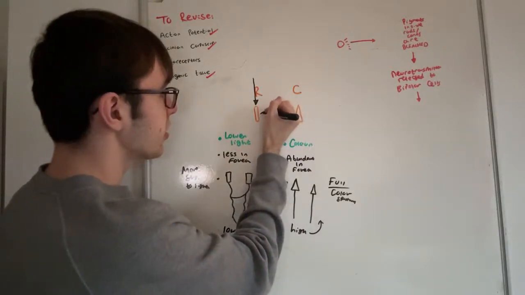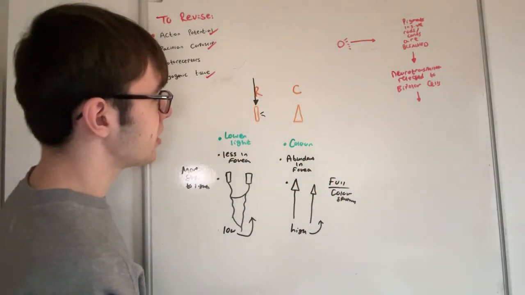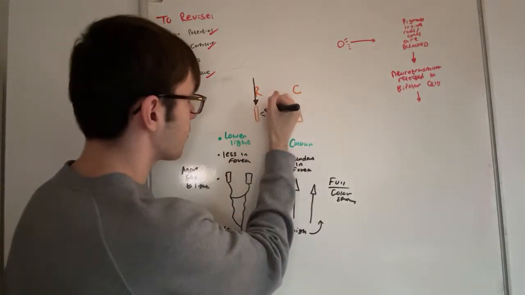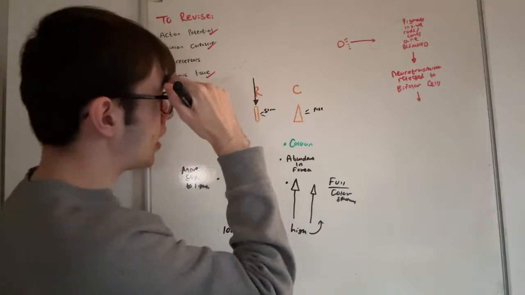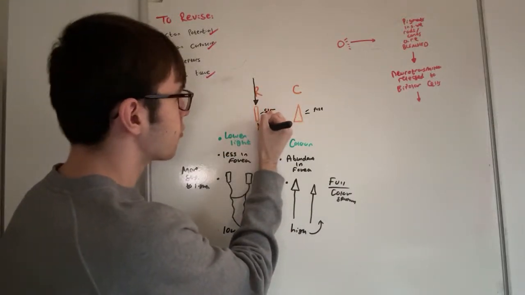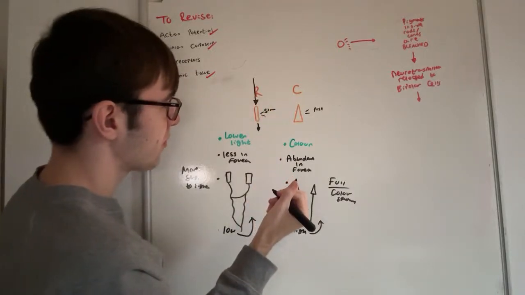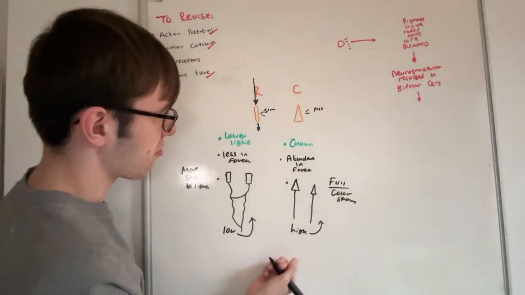This bleaching, the breakdown of the pigments, is slow in the rods, fast in the cones. When it's broken down, a neurotransmitter is released into the bipolar cells, which will then go onto your sensory neuron.